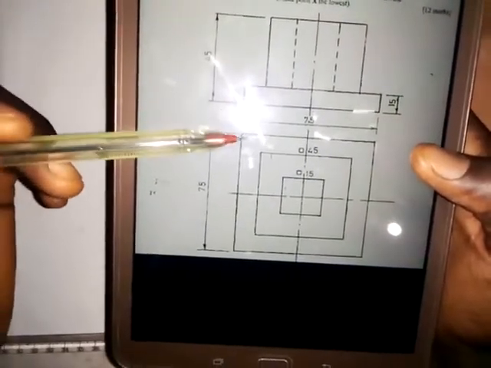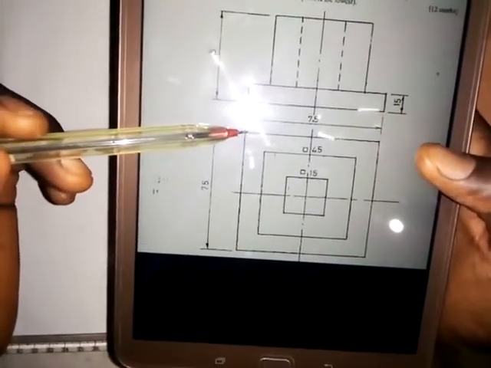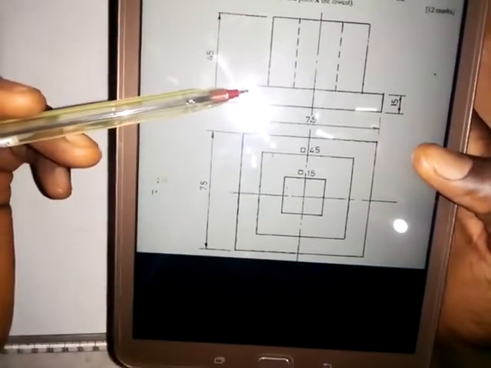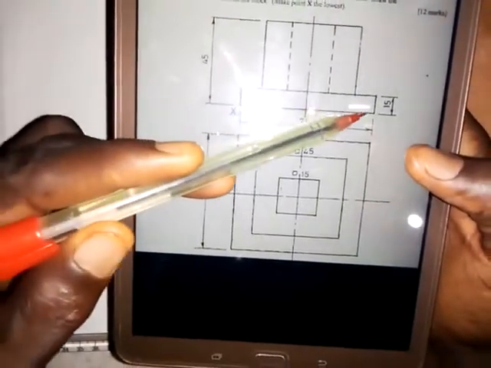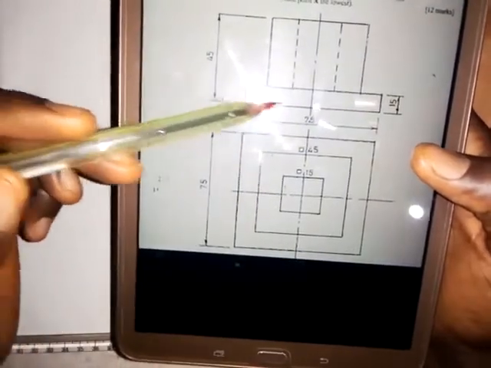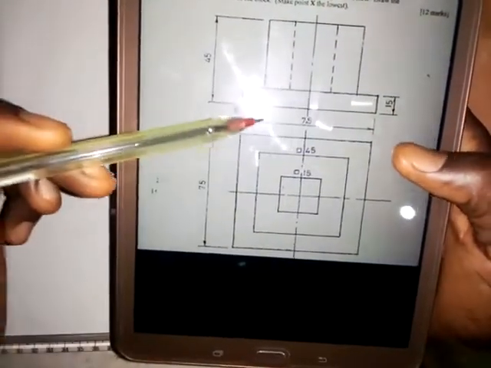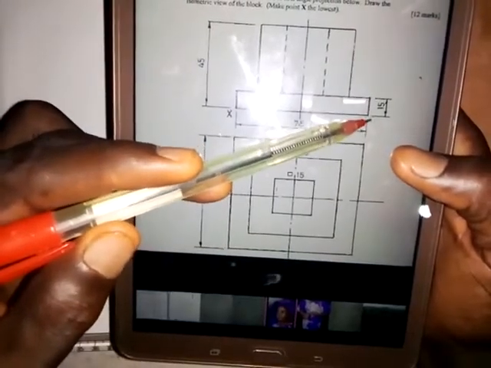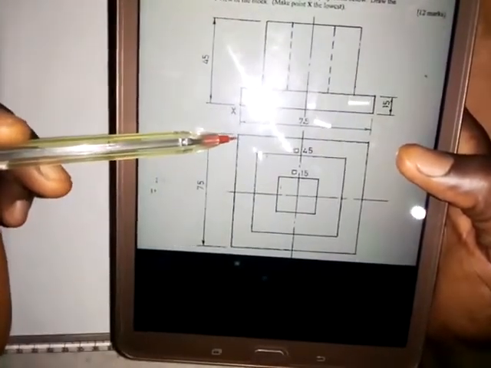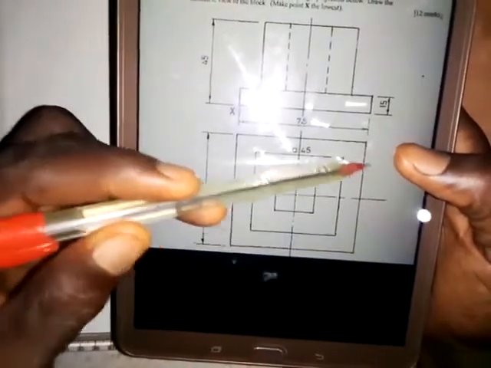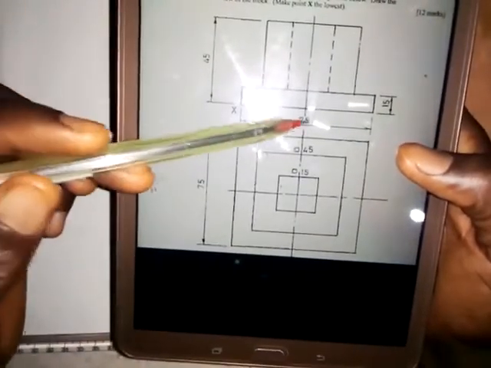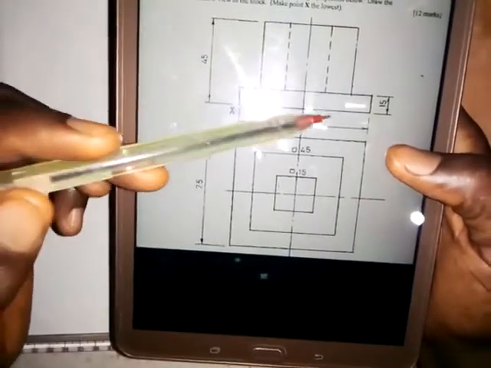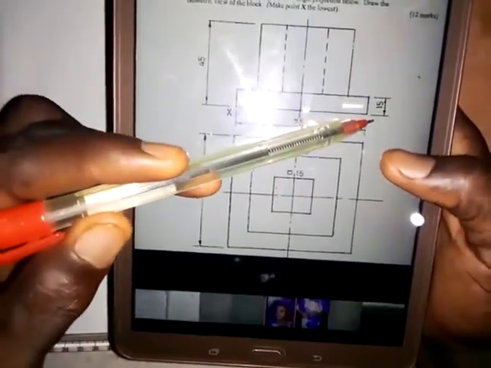Okay, now the first square that we have, if you look at it very well, it has to do with this rectangle that we have here, so the thickness of the rectangle is 15 millimeters. So it means this thing is a base. So we have a square base, and the square base has a thickness of 15 millimeters.